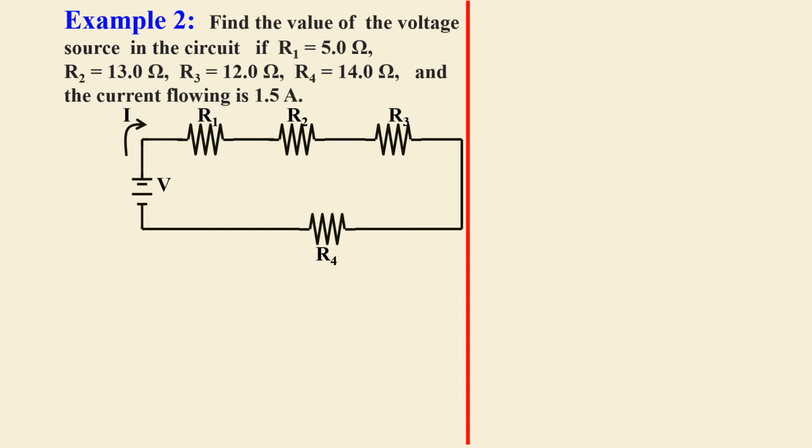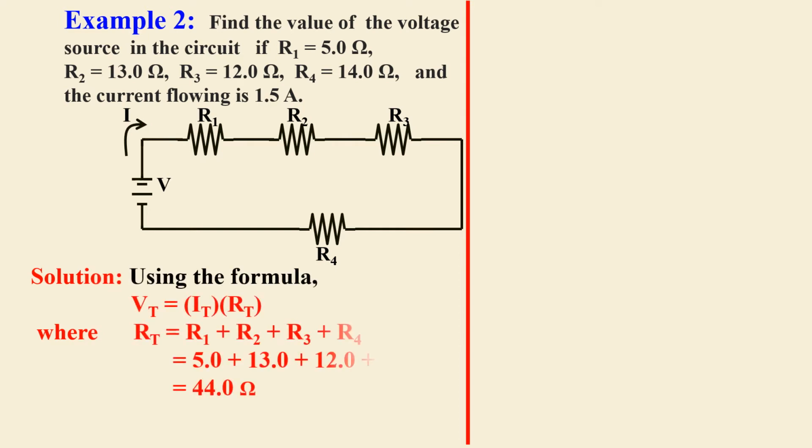Example number 2. Find the value of the voltage source in the circuit if R1 equals 5 ohms, R sub 2 equals 13 ohms, R sub 3 equals 12 ohms, R sub 4 equals 14 ohms, and the current flowing is 1.5 amperes. Again, the connection is a series connection.